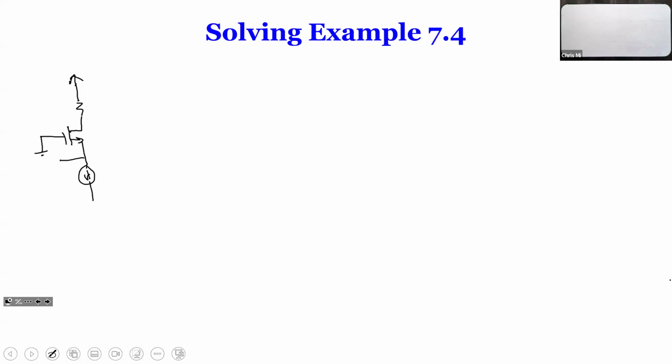I'm going to get rid of all the capacitors so that we don't have to look at them anymore. Okay, I removed the capacitors so that we don't have them here.